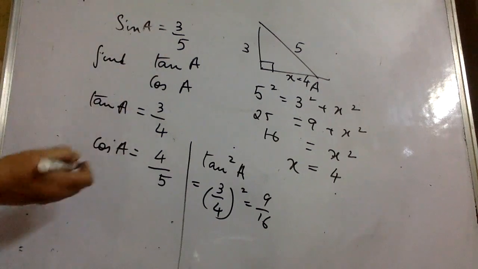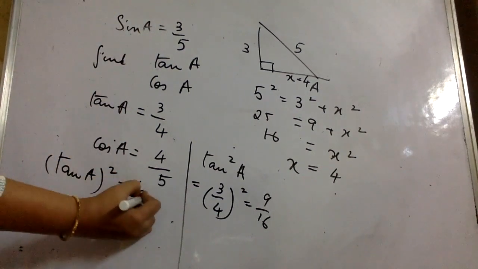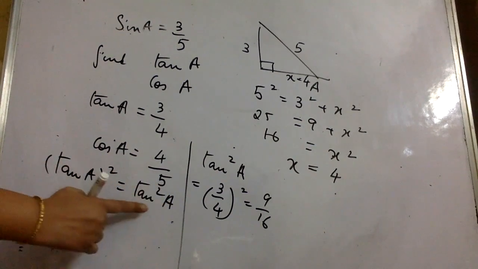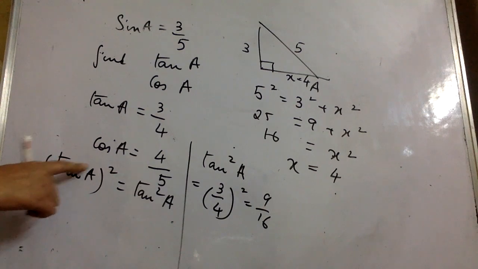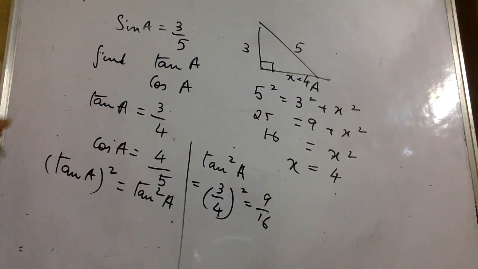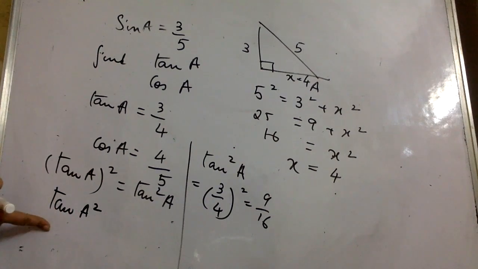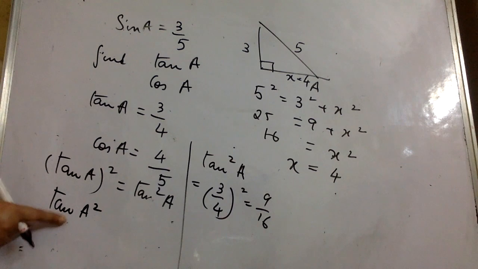Now sometimes it gets written like this. This is nothing but this. This is this. No confusions. This is equal to this. Now don't give this 2 to the A also. This means the square is for the final value of the tan ratio. Now this is a different thing. These two have the same meaning, but this has a different meaning.